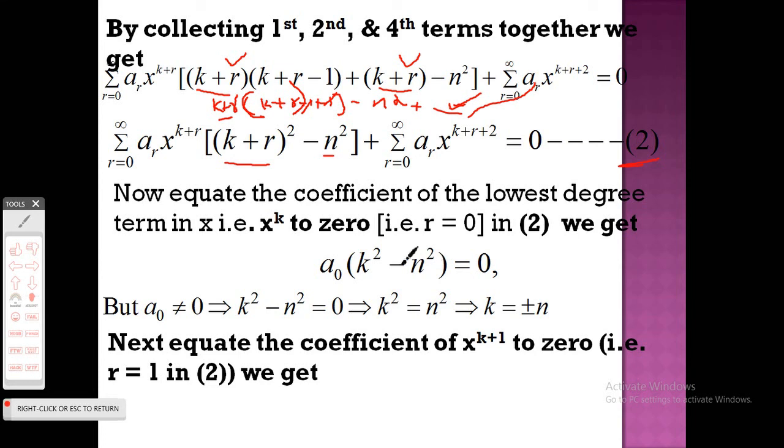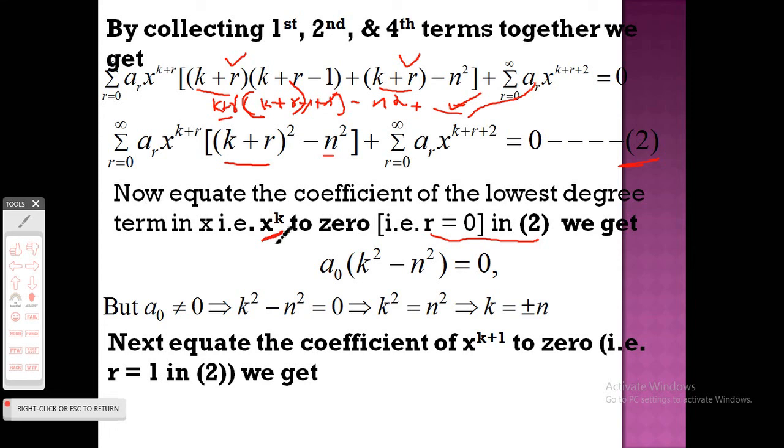So therefore, to make this x to the power k, we have to put r is equal to 0. So when I substitute r is equal to 0 in this equation, we get a naught, and this is x to the power k. We are collecting the coefficient of x to the power k, need not write that.